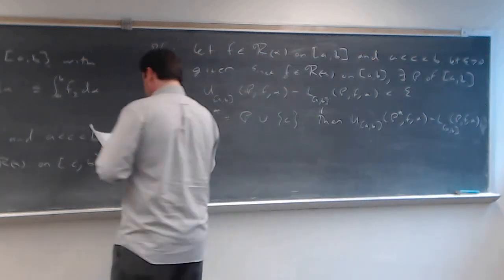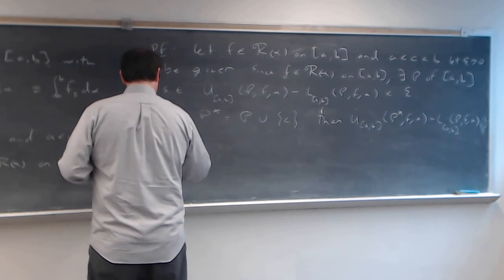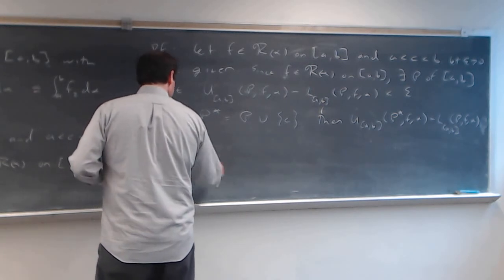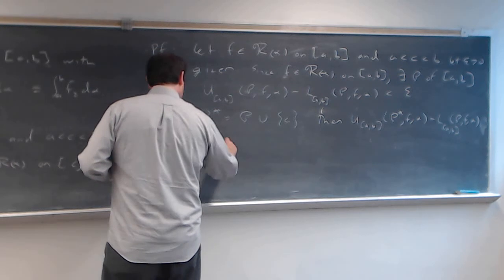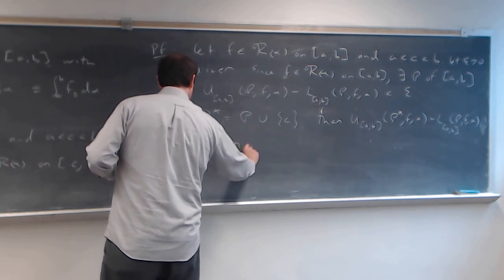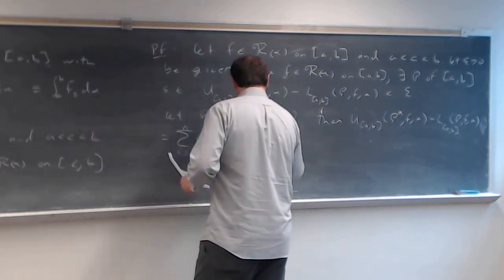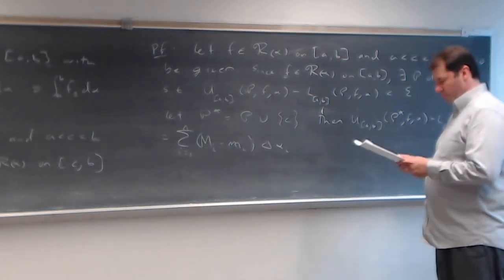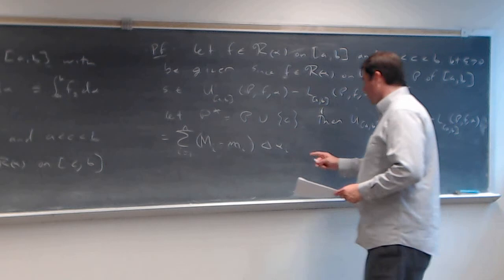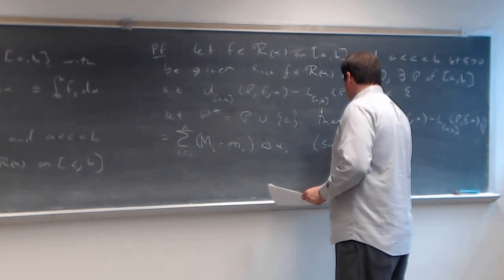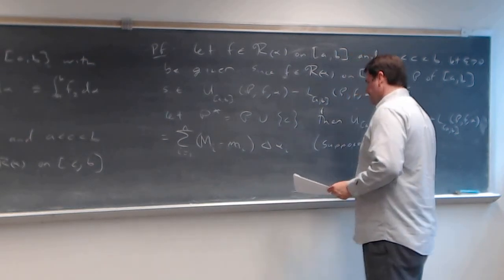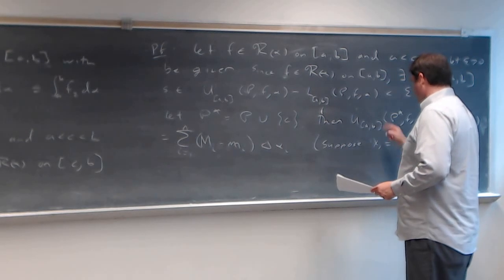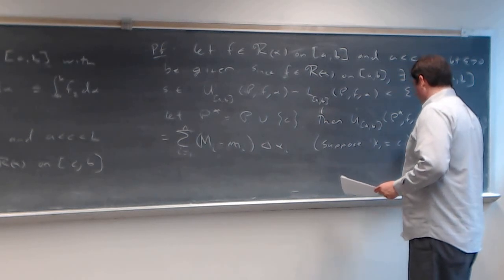What is this difference? This difference is the sum as i runs from 1 to n of those supremums minus those infimums times the delta alpha sub i's. Okay, and for notation, what we'll say is suppose in our partition that the x sub j entry in the partition is equal to c.